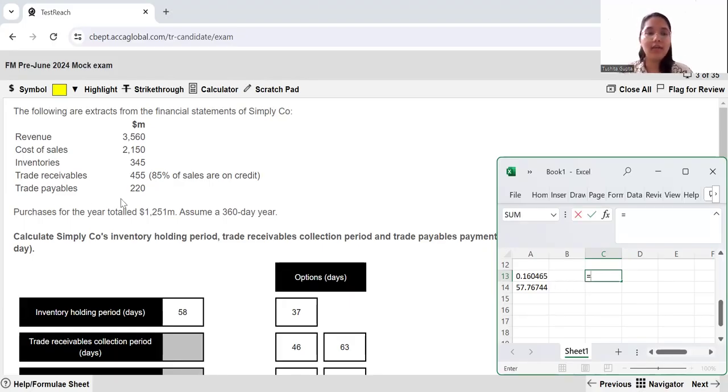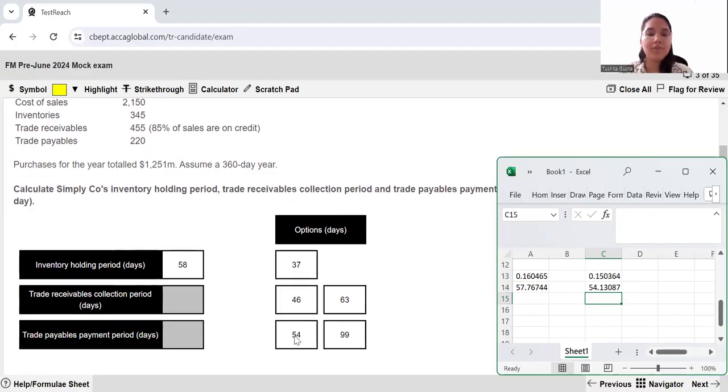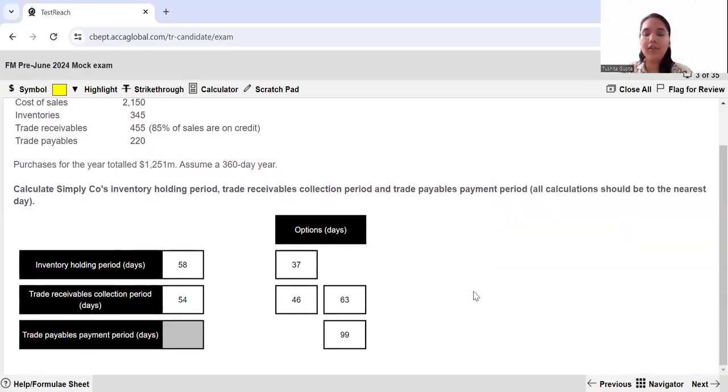My numerator is my trade receivables, which is 455. I divide this by my credit revenue, the sales which I've done on credit. My total sales are 3560, and out of that 85% are on credit. This is how I arrive at the percentage. And then if I want the number of days, I simply multiply by 360, and this gives me 54 days. So I pick the option of 54 and I put it over here.